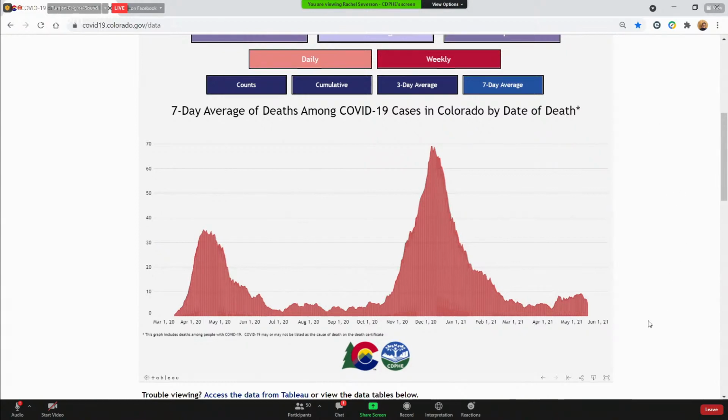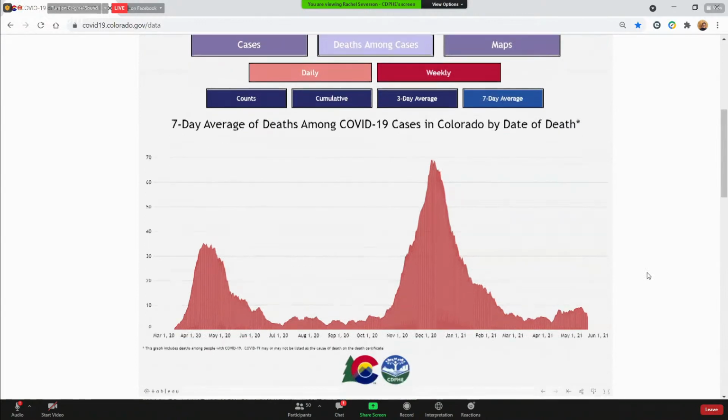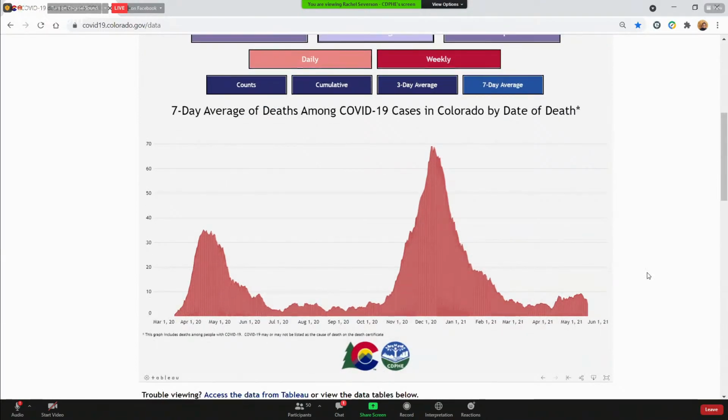So similarly, this is a time series over time since the beginning of the pandemic. And the same thing happens with case data, but also with deaths, there's a reporting lag that we see. So some deaths that might have occurred in the past few days, public health doesn't know about yet. And those counts for more recent days will fill in over time as we learn about those deaths.